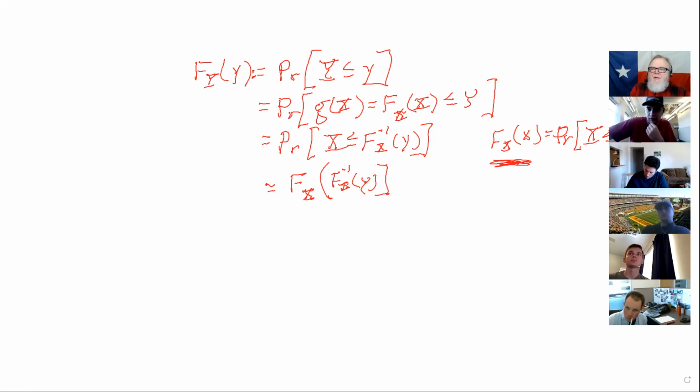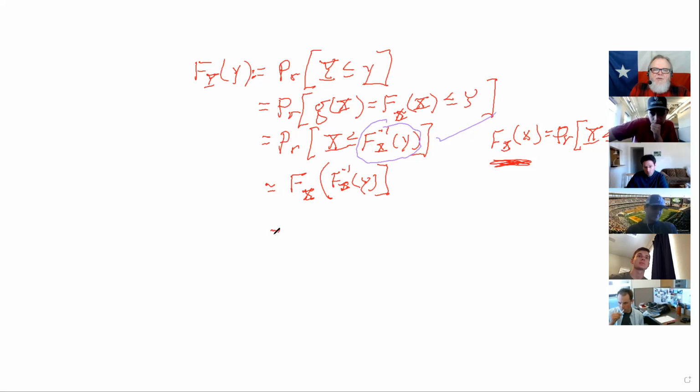Instead of x here, we have f sub y of y. I mean, this equation and this equation are exactly the same, except that little x is equal to f sub x inverse of y, correct? The answer is yes.